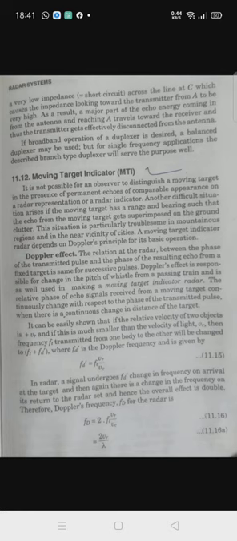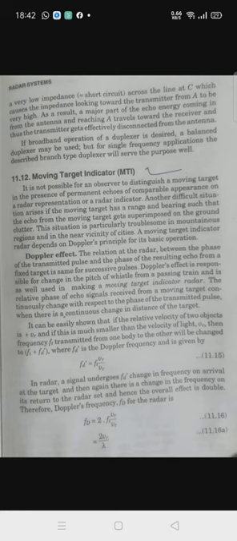So using the Doppler principle, it is possible to distinguish between the signals which are coming from the moving target and signals which are coming from the stationary object or stationary target. Using the Doppler principle we can differentiate between the two, and we can confirm which target is moving and which is not moving.